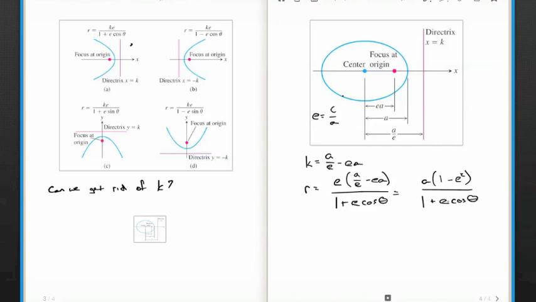All right. So this becomes a pretty important formula. In fact, it's going to be so important that I'm going to give it a red box, and a green box. This is really the more important part of it over here. So this incorporates some fundamental dimensions: r, which is the distance to the point; a, which is the semi-major axis of the ellipse; and 1 minus e squared over 1 plus e cosine theta.